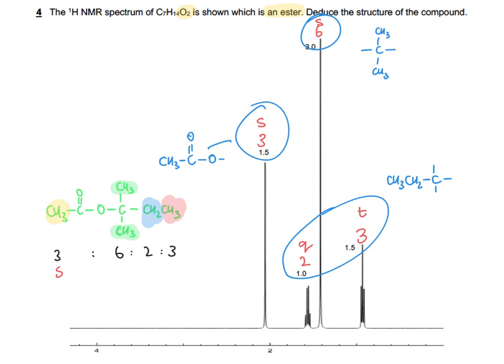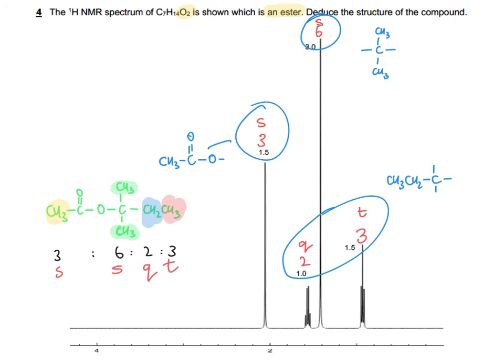This environment isn't next door to any hydrogens, so that would also be a singlet. This environment is next door to 3 hydrogens, so that would be n plus 1, 3 plus 1 is a quartet. And then our final one, the methyl here, is next door to 2 hydrogens, 2 plus 1 is 3, that would be a triplet. So that is in fact what our spectra shows.